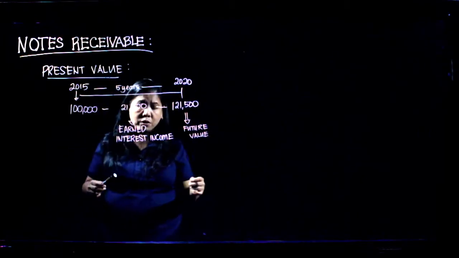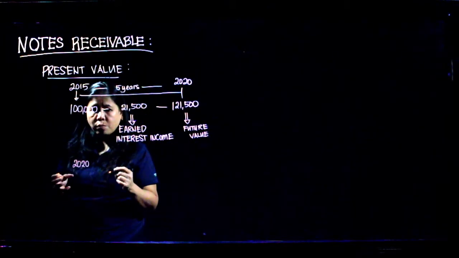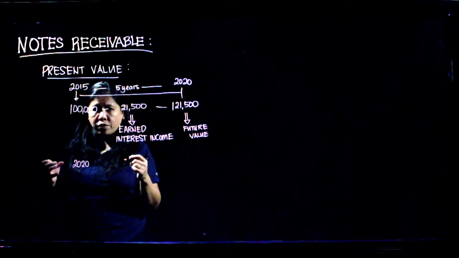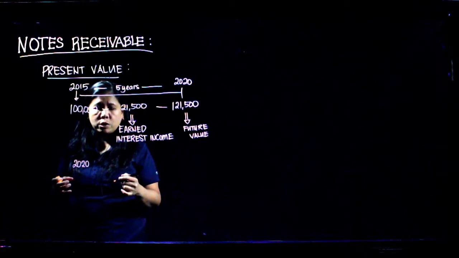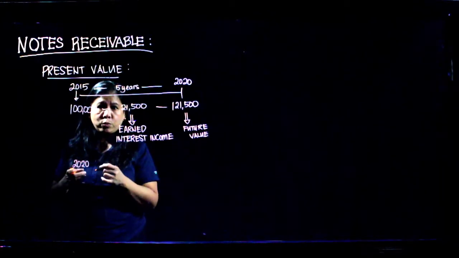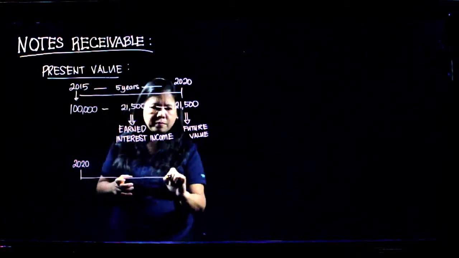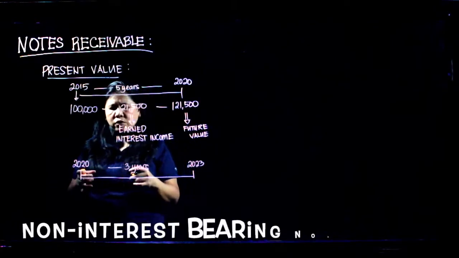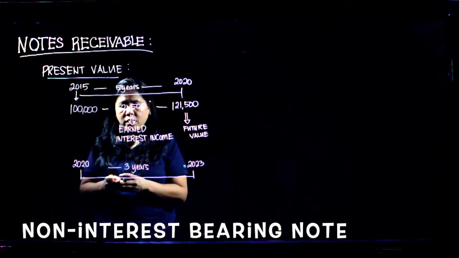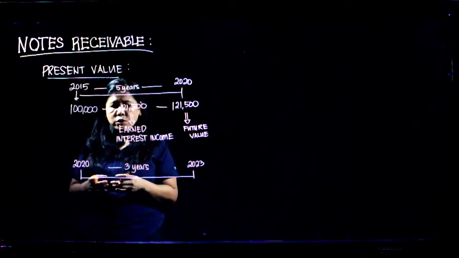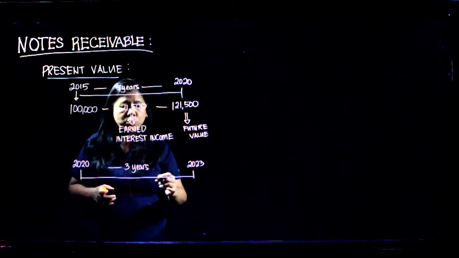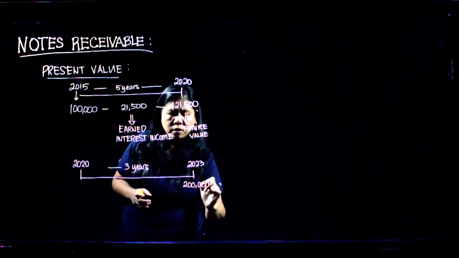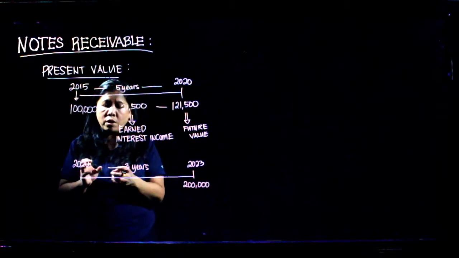Now, let me give you another scenario. In 2020, the company received a 200,000 face amount of a non-interest bearing note payable on 2023, in 3 years. A non-interest bearing note, meaning to say the maker of the promissory note doesn't pay an interest. The company will receive the 200,000, the face amount of the promissory note.